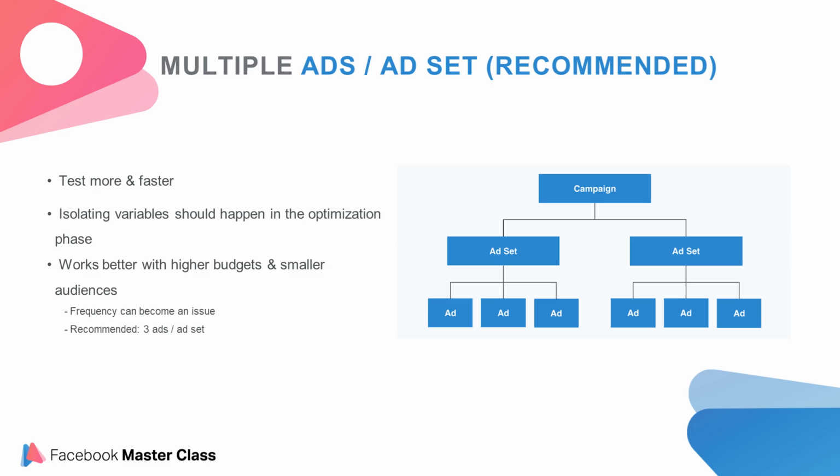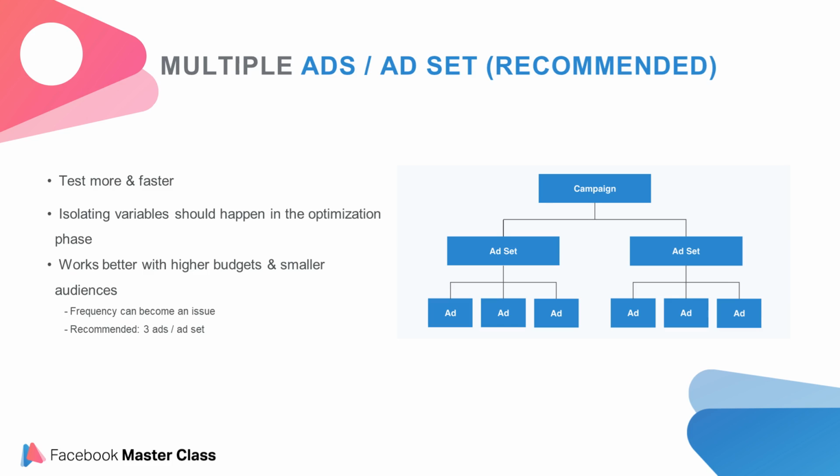And then we have philosophy number 2, which is the multiple ads per ad set strategy. This is the strategy that we recommend, and this strategy is also called and referred to as the throw shit against the wall and see where it sticks method. So with this strategy, you have mainly 3 advantages.